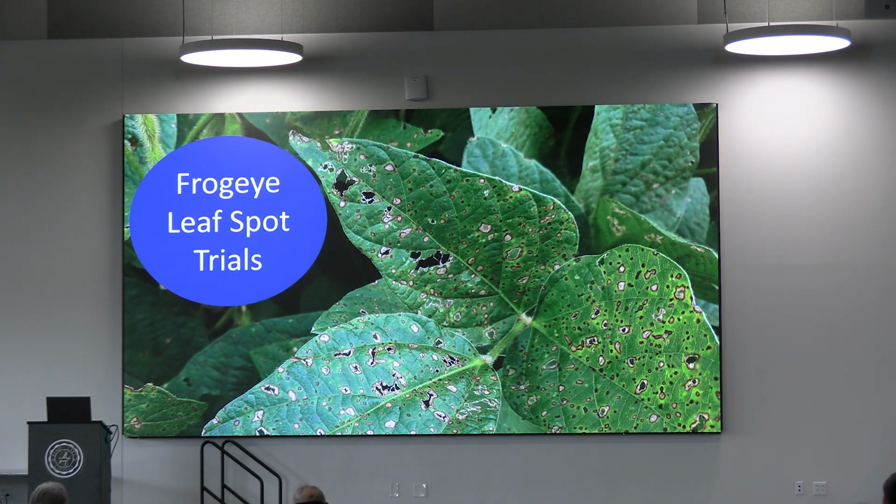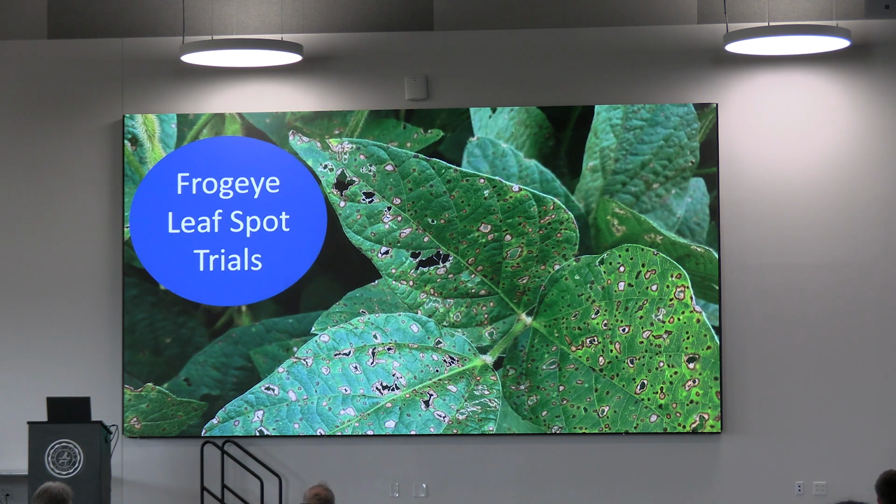So Boris mentioned that frogeye leaf spot is probably the major foliar disease that we're concerned with in this region and in other regions. We've actually seen the geographical footprint of that disease really expand over the last several years. When I started at the University of Illinois, or even when I was a graduate student, if you wanted to work on frogeye leaf spot, you went down to Dixon Springs to do that.